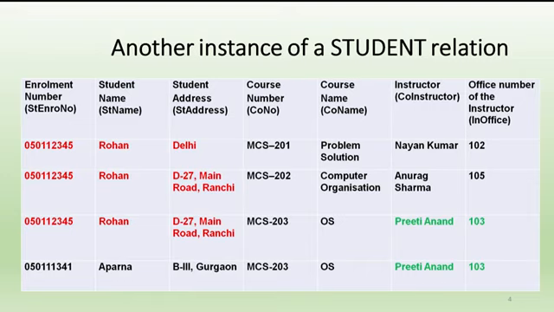The second kind of anomaly is the insertion anomaly. Suppose a new student joins, and he or she is given a different enrollment number and has a name, let's say Mohan, and his address is, let's say, in Mumbai.